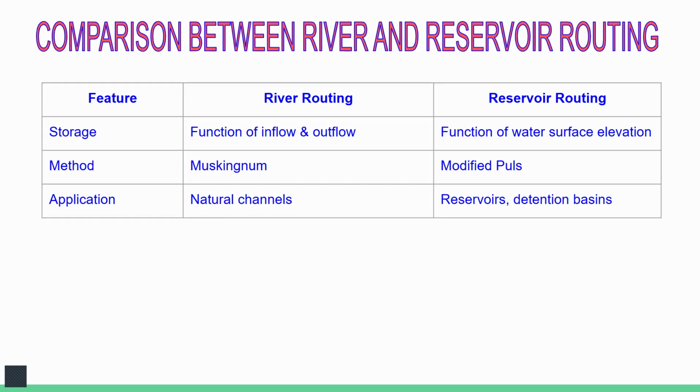Then another feature is the method: in river routing, we will be using the Muskingum method, and in reservoir routing, the method used is modified Puls. And the last feature is the application. For river routing, it is used in natural channels, while reservoir routing is used in reservoirs, detention basins, and others.